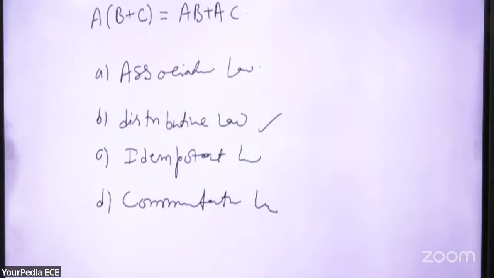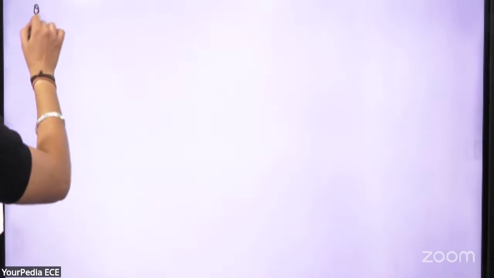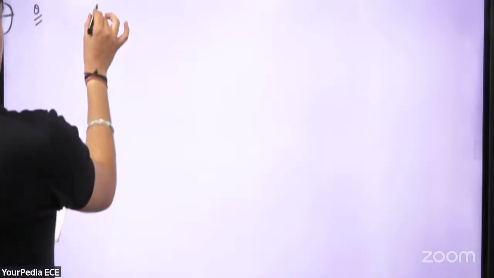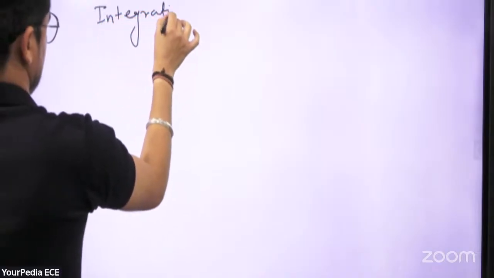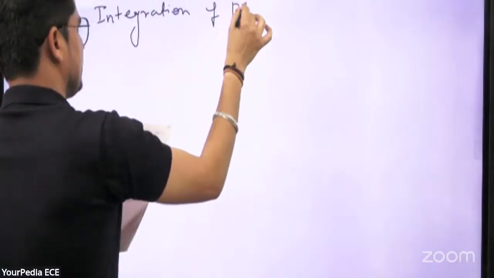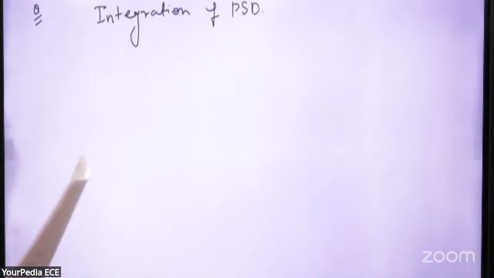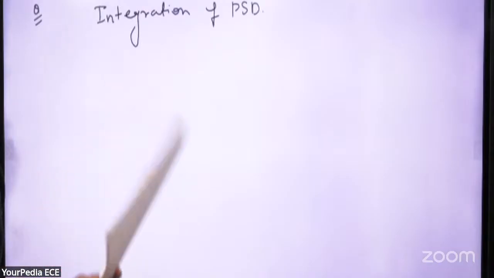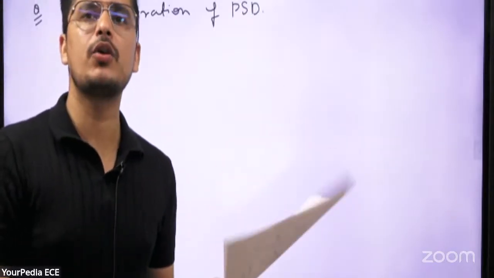One more question which I am getting from a student, if I'm correct, I don't know if this is the correct question: what is the integration of PSD? Whenever you integrate the PSD, the power spectral density, that will give you the power of that signal.